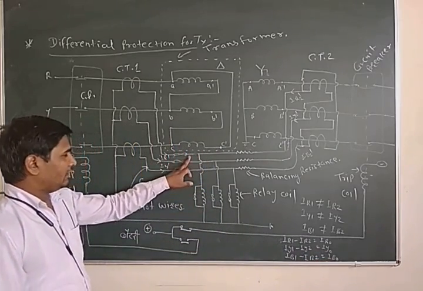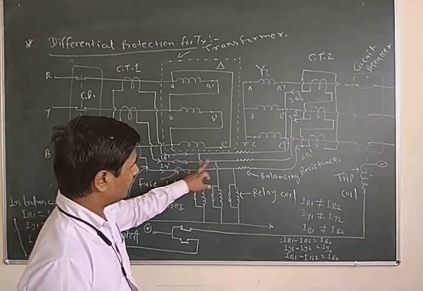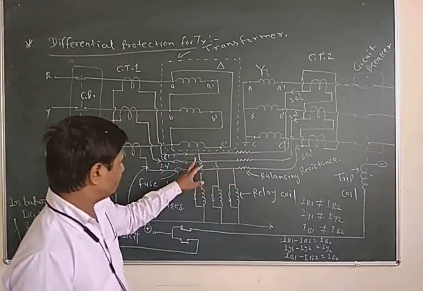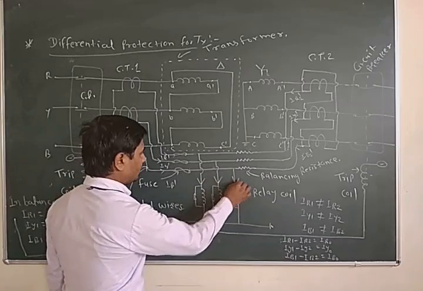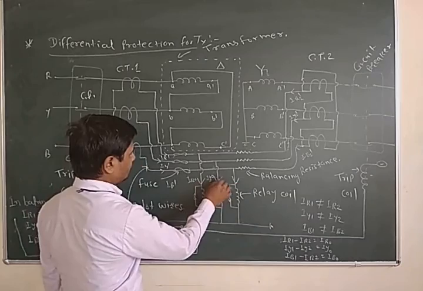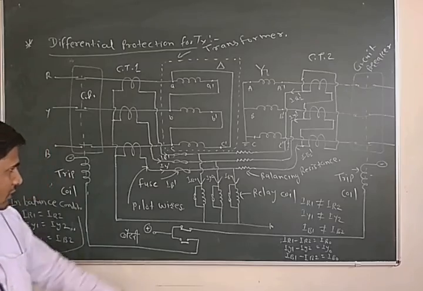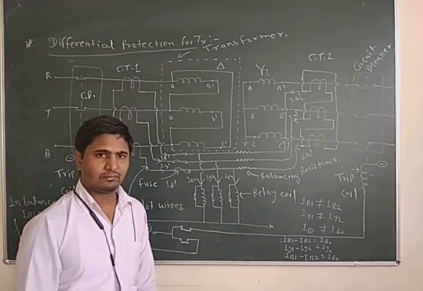So due to the difference in output current of the primary CT and output current of the secondary CT, a resultant current will flow through the relay operating coil. This current IR0, IY0 and IB0 will energize the relay operating coils.